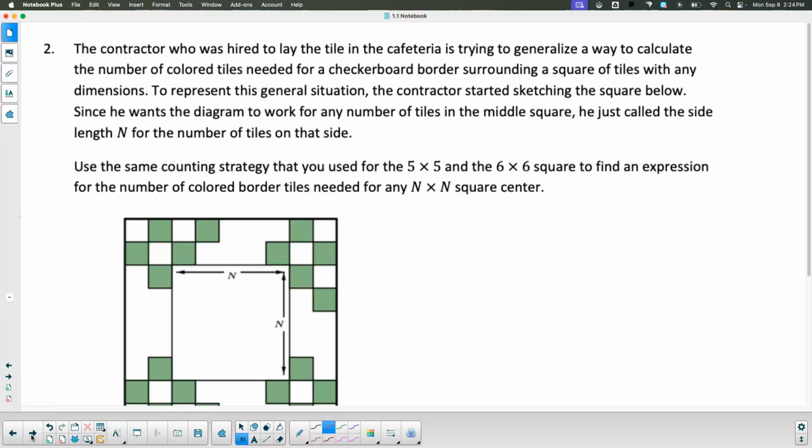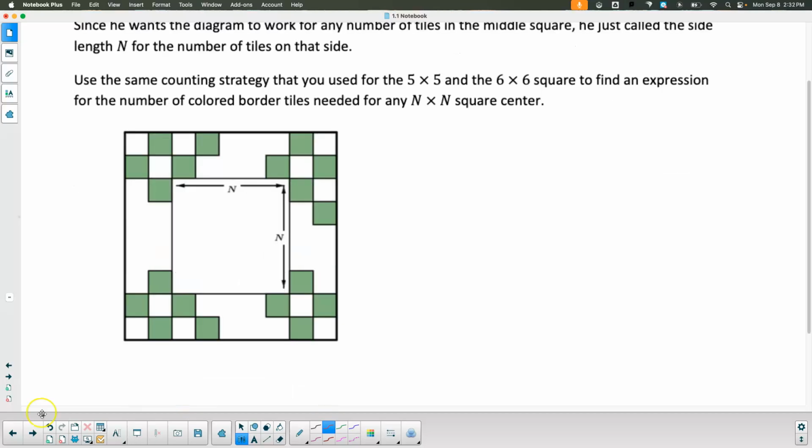So using the method that you came up with, figure out what the formula is to find the total number of colored blocks. Go.